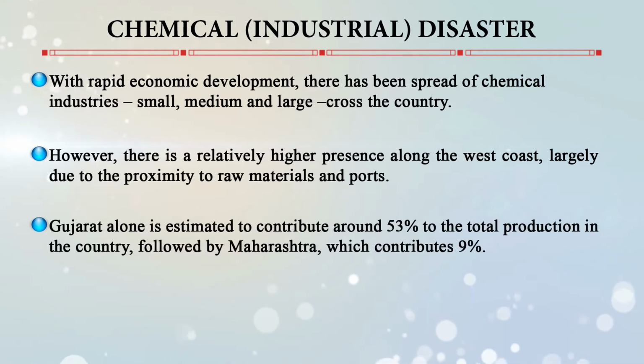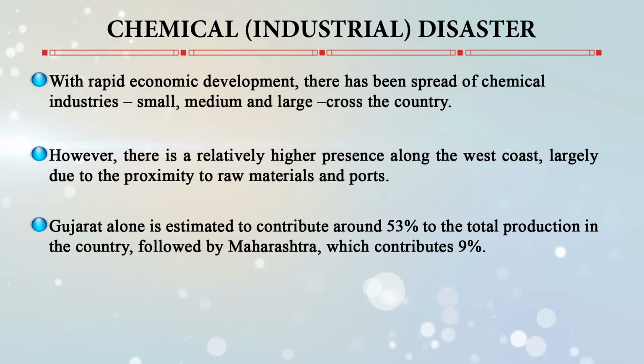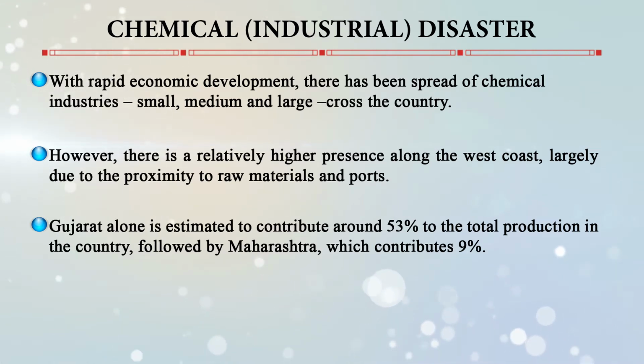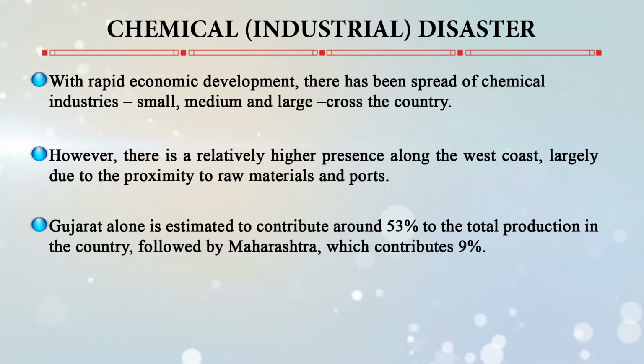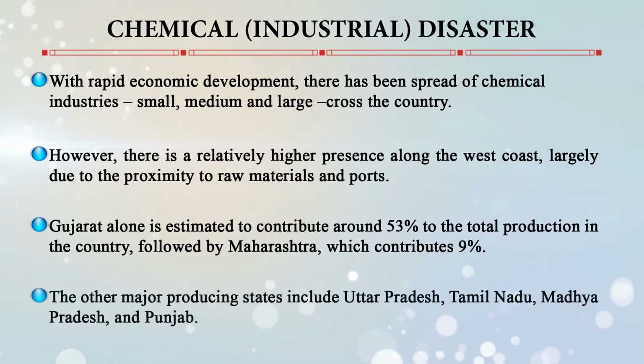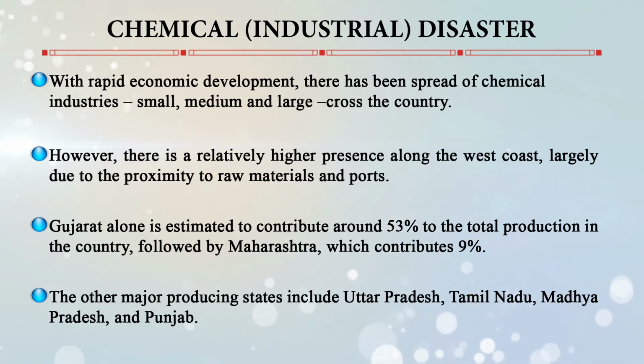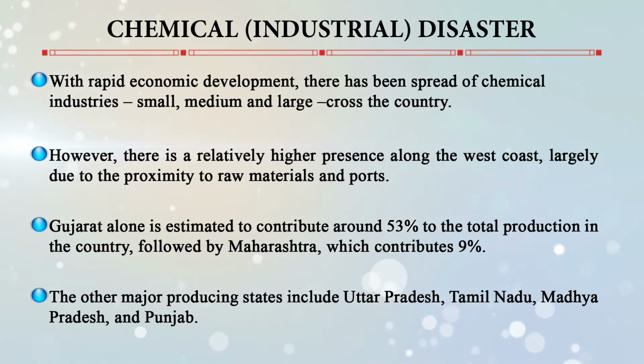Now, Gujarat, if we take it as an example, alone is estimated to contribute almost half, that is 53%, of the total production in the country, followed by Maharashtra, which contributes 9%. The other major producing states include Uttar Pradesh, Tamil Nadu, Madhya Pradesh and Punjab. So, all these are industrially very rich states.